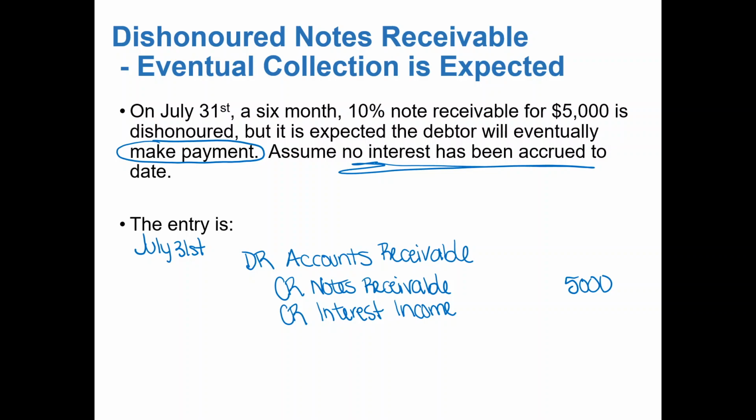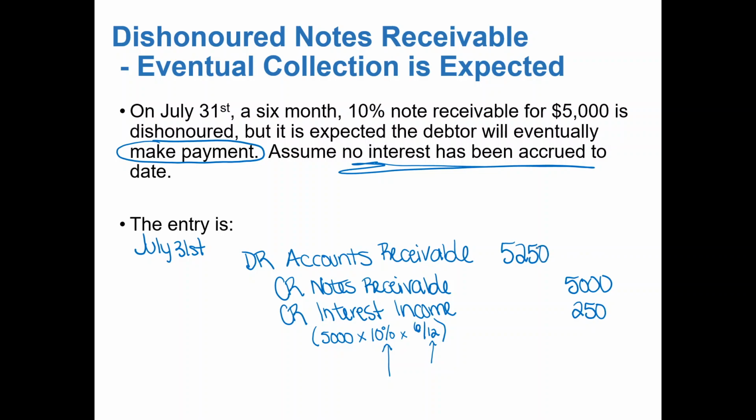and we can calculate that amount. So we take the principal amount of $5,000 times our interest rate of 10%, and then we always have that factor of time. So now we have 6 months out of 12 because we're looking at how many months is a full year because this is an annual interest rate. So over this 6-month note, we have earned $250 of interest. So we book that as income, and we debit accounts receivable for that full amount.